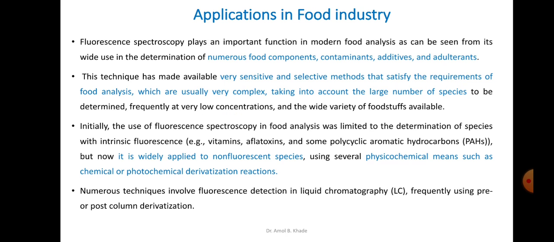In the earlier days fluorescence spectroscopy was restricted only to species or samples which are fluorescent in nature, having inherent fluorescent property due to conjugation in their structure. So only those kinds of substances were analyzed in the earlier days. But because of modernization, methods are now available which convert a non-fluorescent substance into a fluorescent substance.